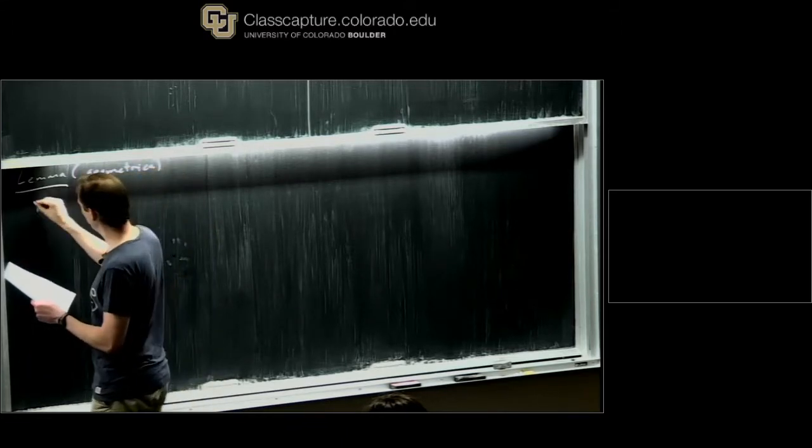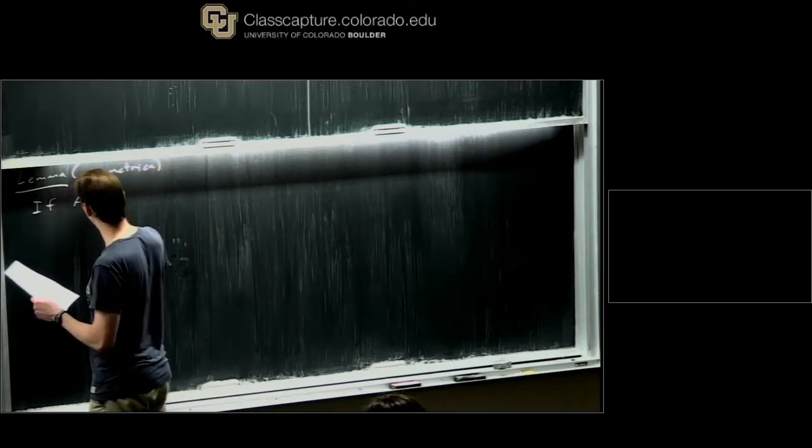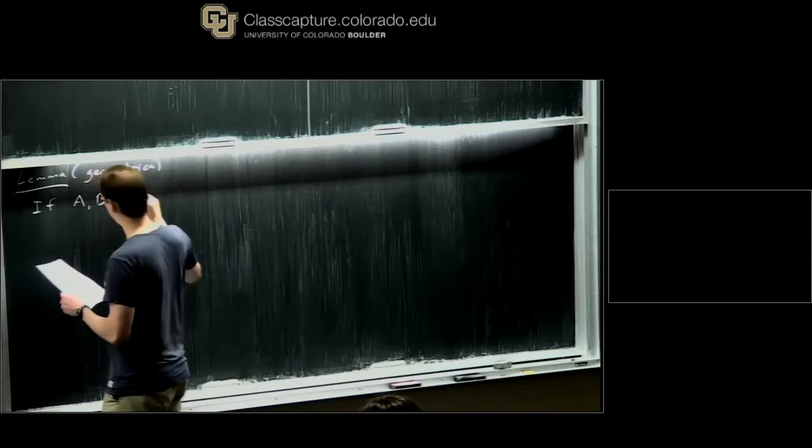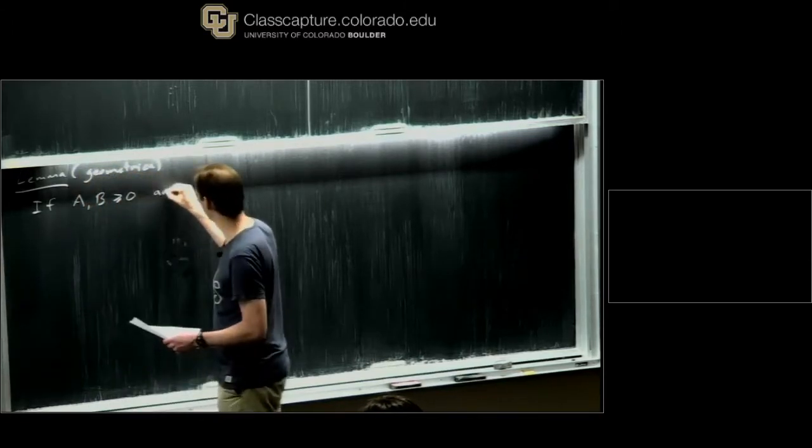I'm not going to prove it. If you want to see the proof, it's not particularly difficult, but in the interest of time, I'll leave it. The proof is there in the lecture notes in full.